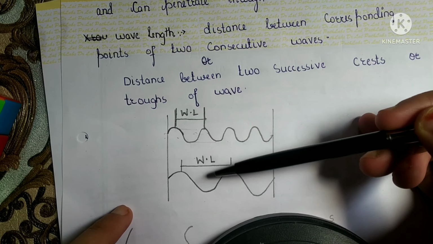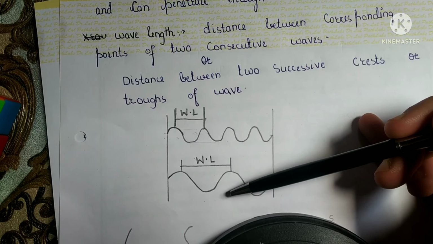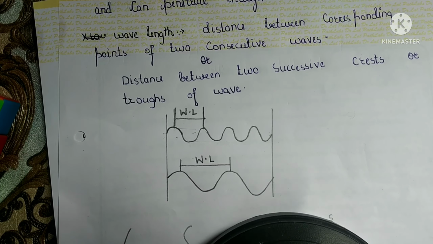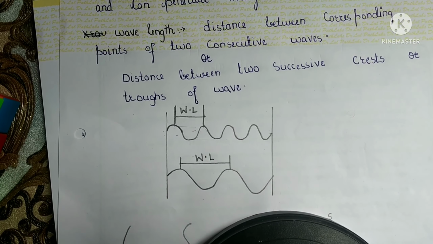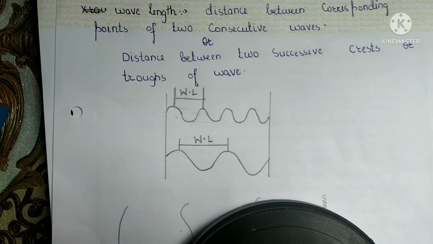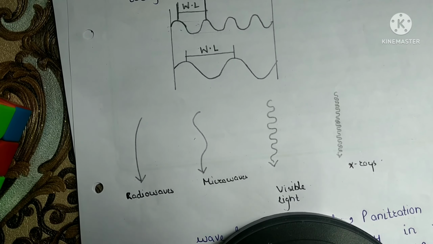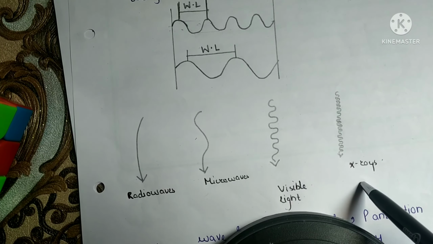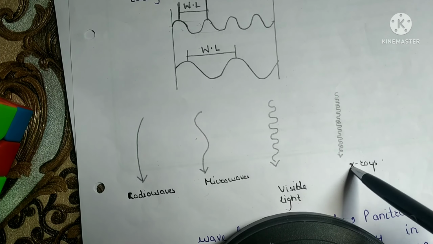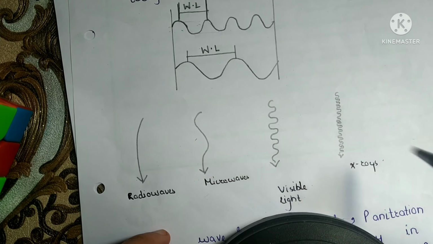Again, the definition of X-ray says that X-ray has got short wavelength. Here are some examples of waves like radio waves, microwaves, visible light and X-ray. Here you can observe that X-ray has got very short wavelength as compared to the other waves.